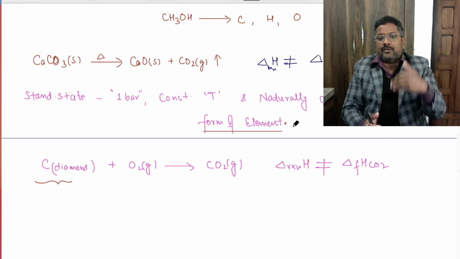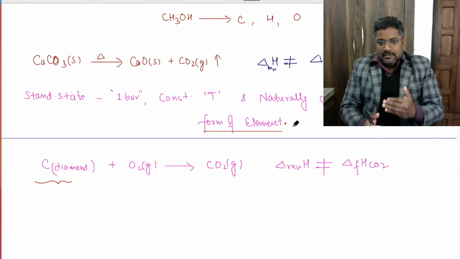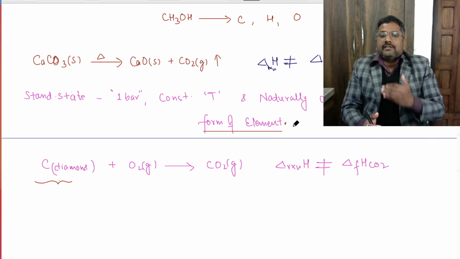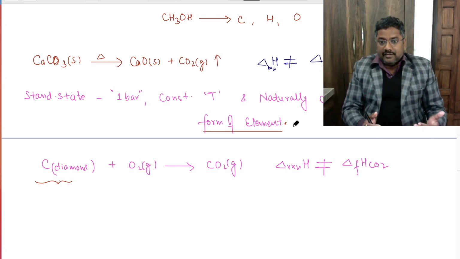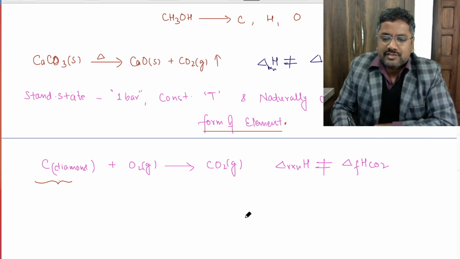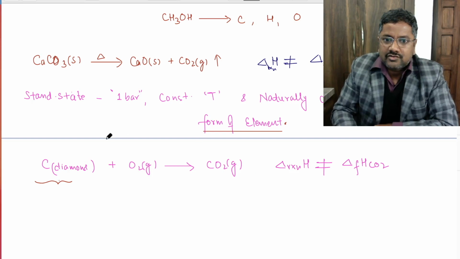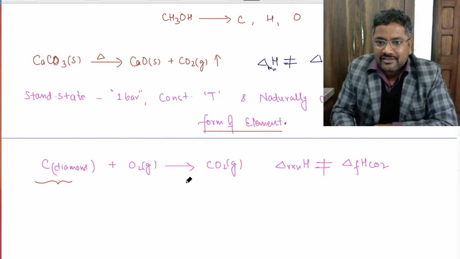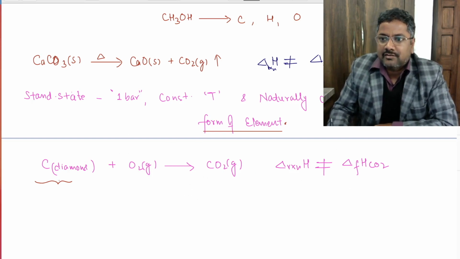The allotrope for which this delta H standard is given as 0 is the most stable form, right? So you have a source from which you can get the most stable form. So this is also not a proper reaction for the enthalpy of formation of carbon dioxide.